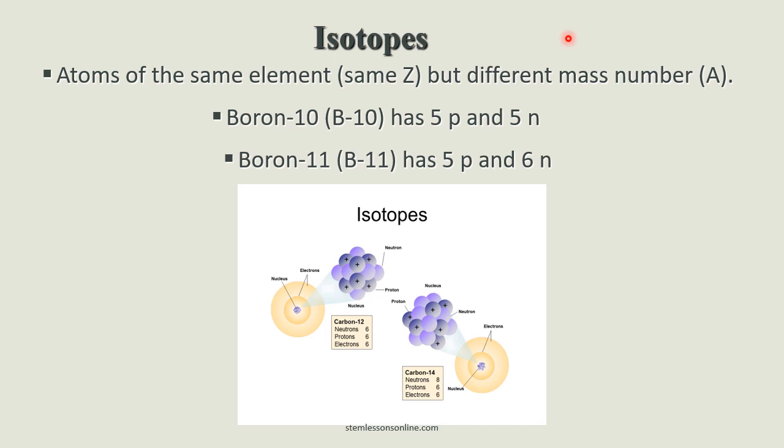So sodium-23 and sodium-24 differ in the number of neutrons. Both will have the same number of protons, in the case of sodium, it will be 11. So all isotopes show identical chemical properties.